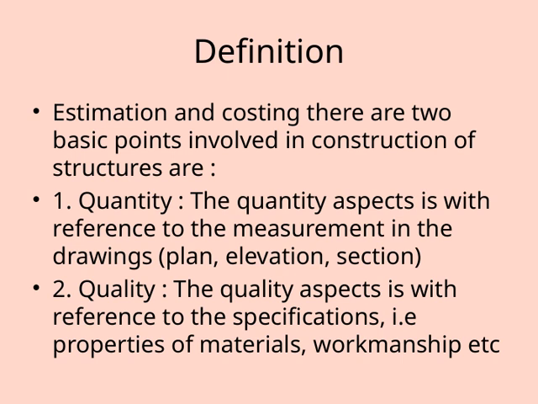Essentially, while quantity tells us how much, quality tells us what kind of materials and work standards we need to meet. Both of these points are crucial because they directly influence the overall cost and success of the construction project. Precise measurement ensures we don't underestimate or overestimate, and adhering to quality standards ensures durability and compliance.